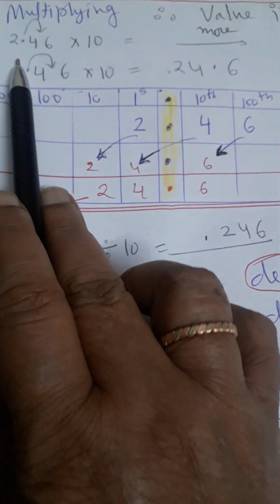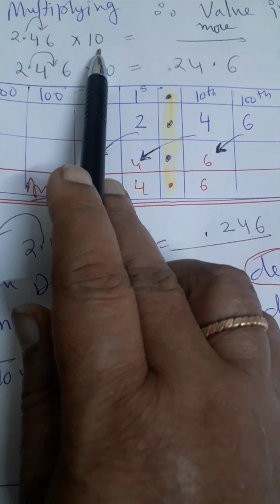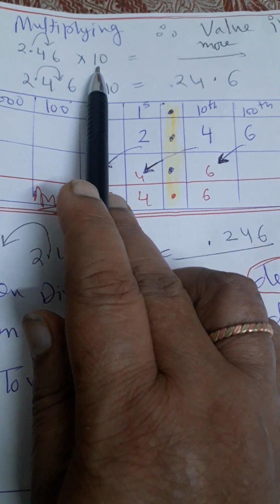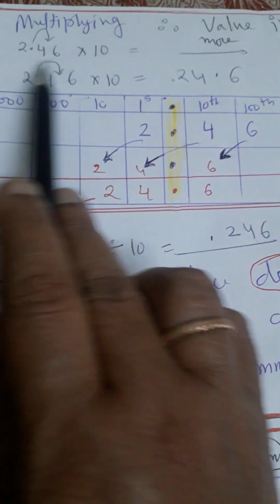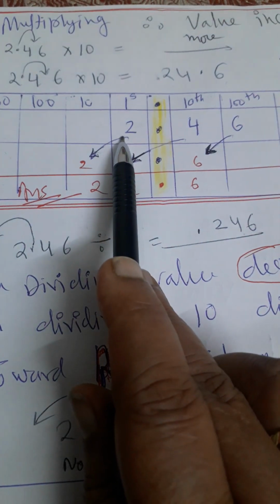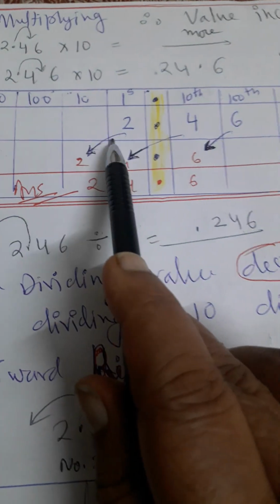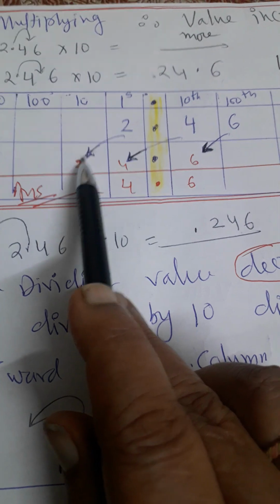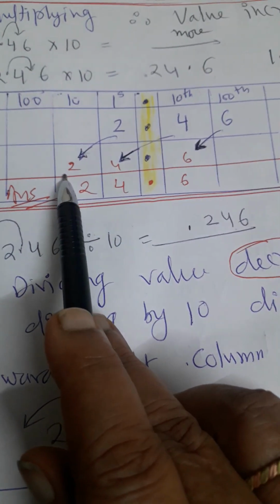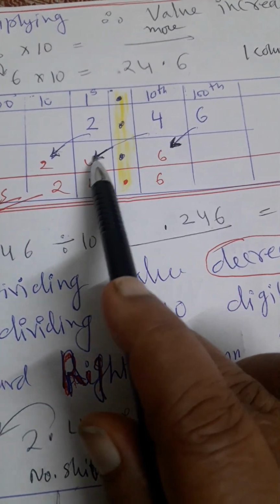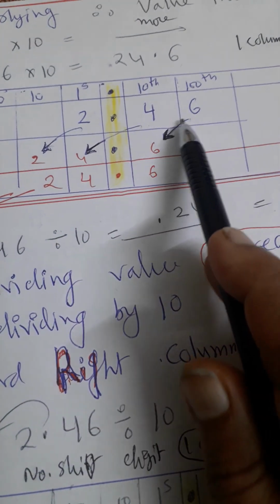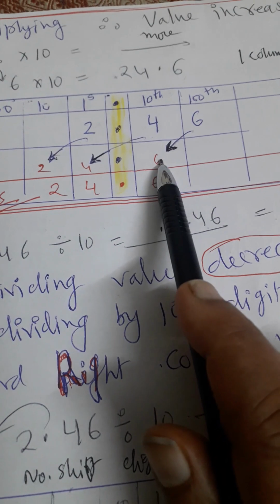So write down 2.46 multiplied by 10. When we are multiplying by 10, the number will increase. Why? Because 2 tens is 20, which means this 2 will jump into the tens place. How many jumps did it take? Only one jump. Now the 4 will also jump to the ones place, and the 6 will jump to the tenths place.